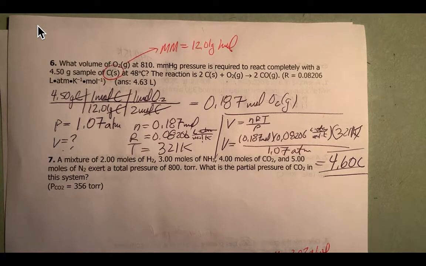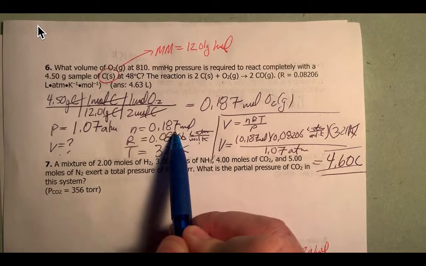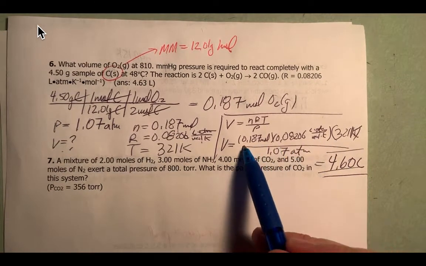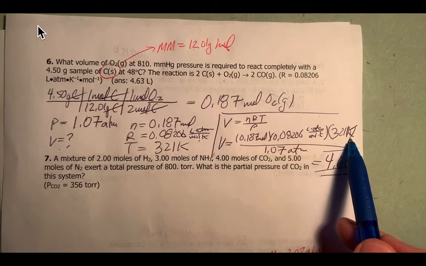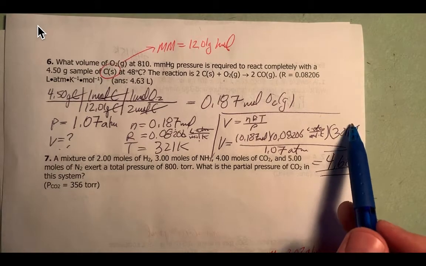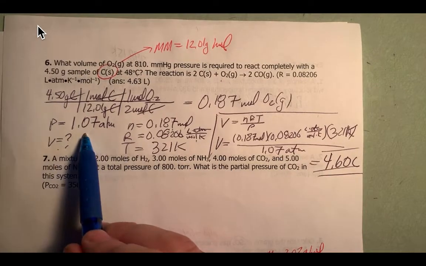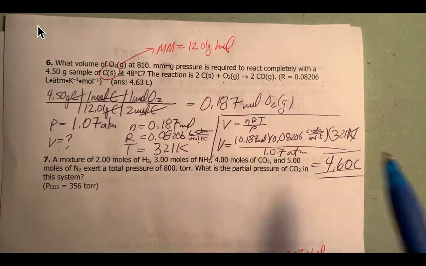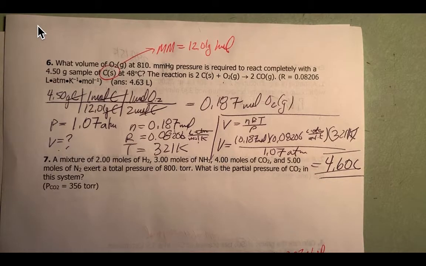So you get kind of a range of values in there, depending on things like, for example, with the molar mass, if rather than truncating it at 3 decimal places, you put in the whole value that you get from the calculator here, and if you put in the 321.15 from converting it to Kelvin, and you also here for the atmospheres, if you do the 810 divided by 760, you get a slightly different number. So you can get kind of a small range of values there.